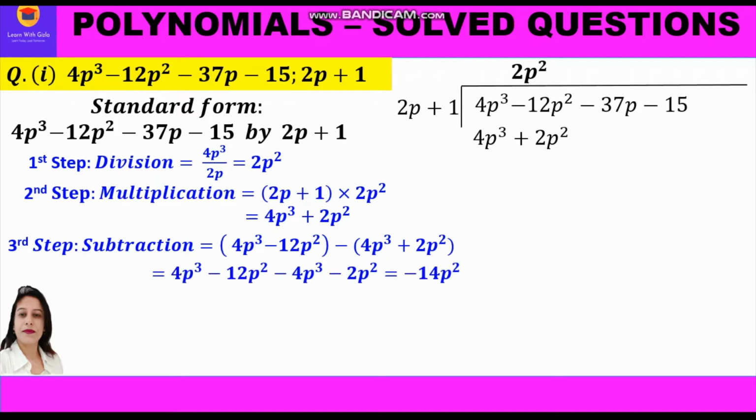And next step will be to open the bracket and change the signs and further simplify it. So we shall write 4p cube minus 12p square minus 4p cube minus 2p square, and further 4p cube minus 4p cube will cancel, and minus 12p square and minus 2p square we shall get minus 14p square.